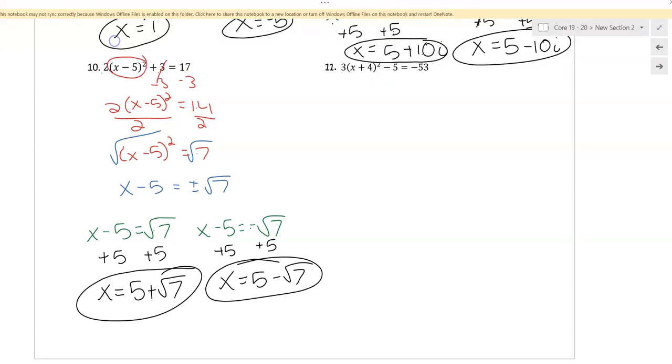All right, last problem. Same thing, this x plus 4 squared is what's being squared. So I'm going to add 5. So that's 3 times x plus 4 squared equals negative 48, I believe.